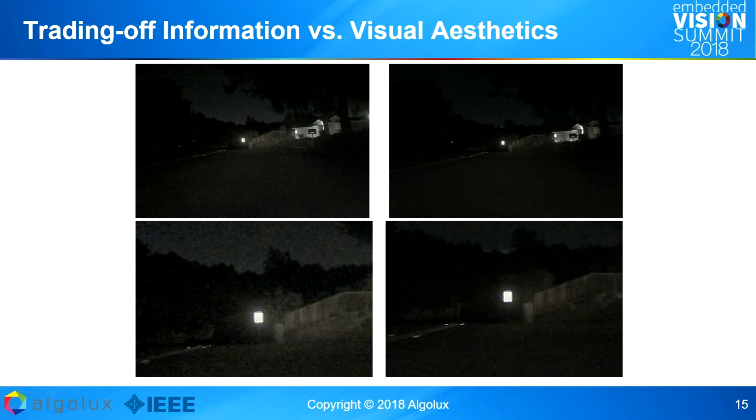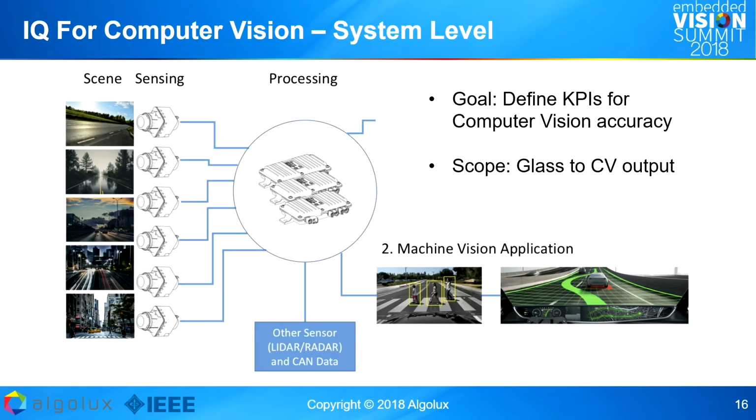On the left side, you can see here that the capture still contains a lot of noise, but also contains a lot of detail. So we have to handle this trade-off of information versus visual aesthetics in the standard. And this brings me to defining KPIs, defining metrics and procedures to measure such metrics for computer vision.